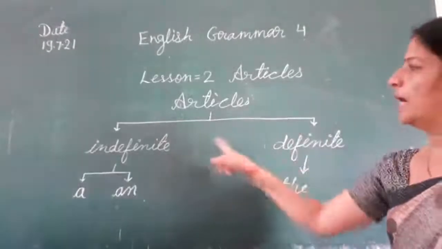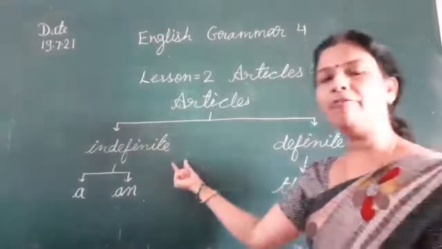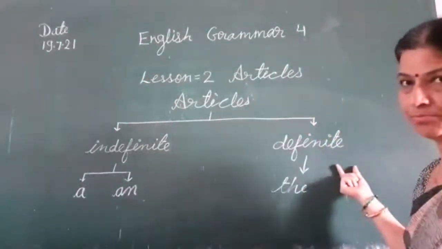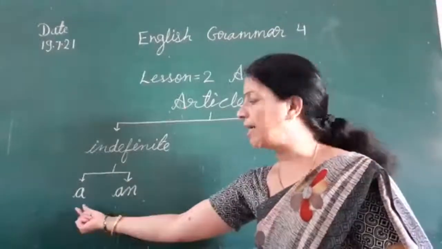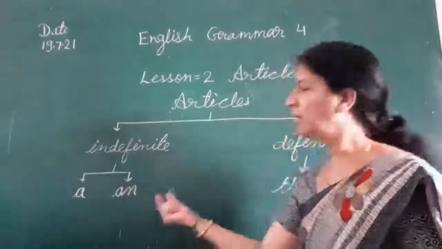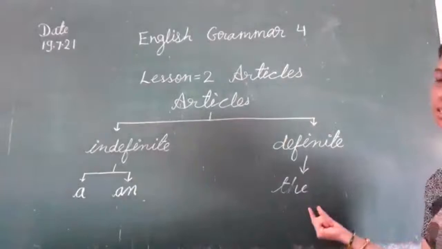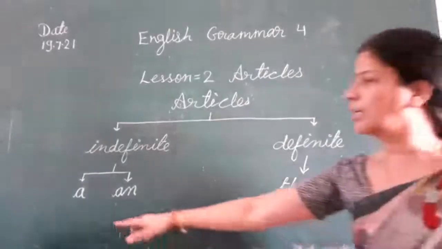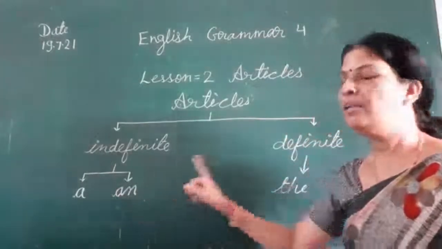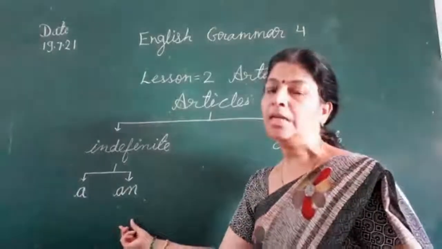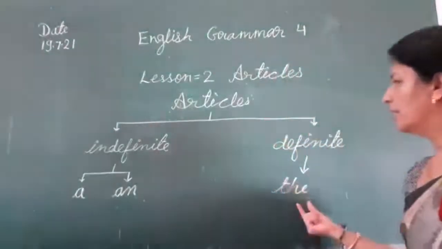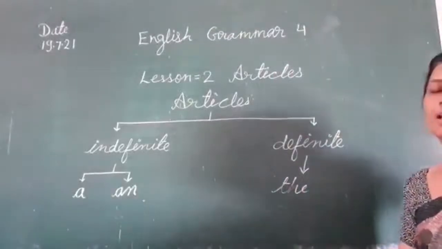There are two types of articles, indefinite and definite. Indefinite articles are a, an, and the definite article is the. There are three articles: a, an, the. These two are called indefinite articles and the is called the definite article.